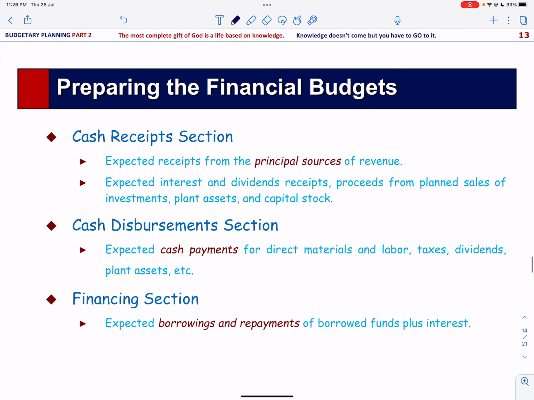The cash receipt section is cash collections from customers and other cash receipts such as royalty income and investment income, etc. The cash disbursement section comprises all cash payments made, and the financing section provides a detailed account of the borrowings, repayments, and interest payments expected during the budgeting period.